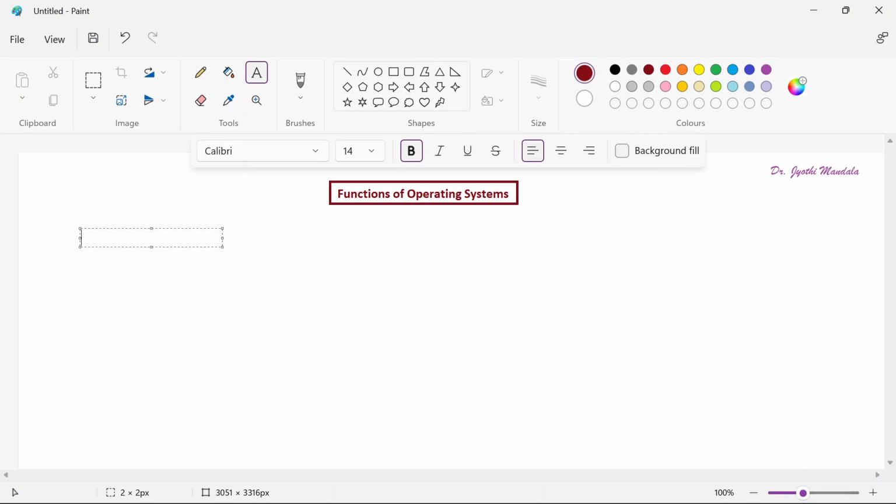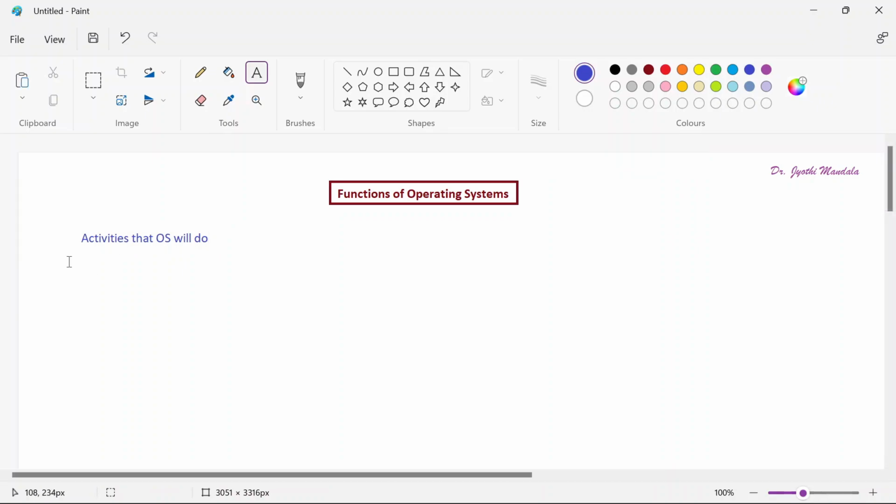Before that, all of you note down this point: functions are nothing but activities that the OS will do.